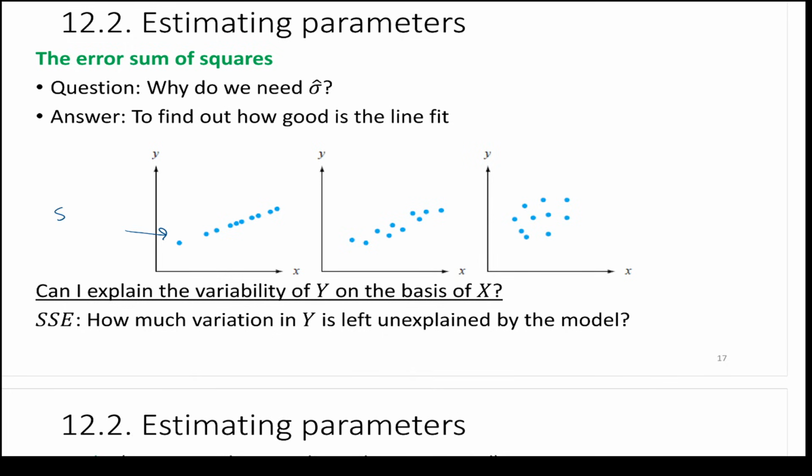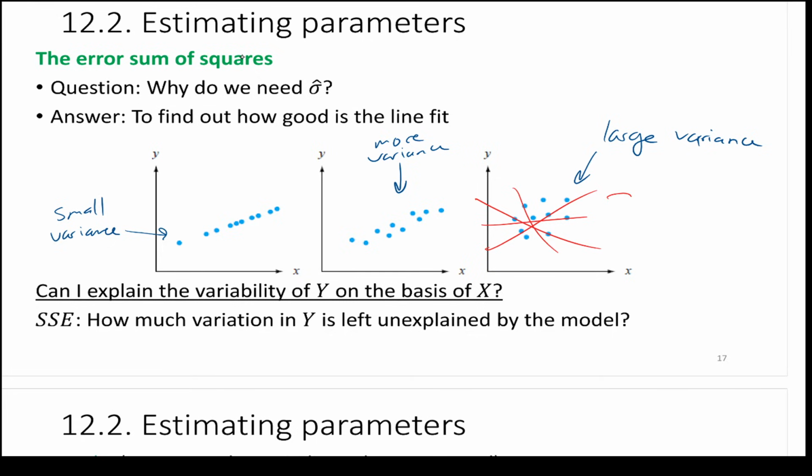This would have more variance. And this would have large variance. So at the last one, I'm not even really sure which way the line should go. Would the line be that or this? I'm not sure which is the best line. Really hard to say.